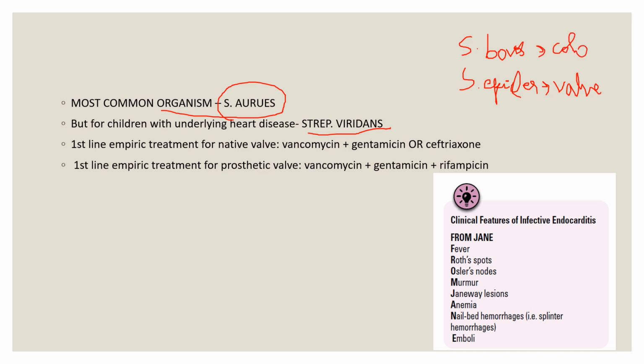So in adults, if you find infective endocarditis and the causative organism is found to be Streptococcus bovis, you have to always do a colonoscopy because you have to rule out colon cancer. But in children, the most common organism is Staph aureus. In children with underlying heart disease, it can be Streptococcus viridans also.